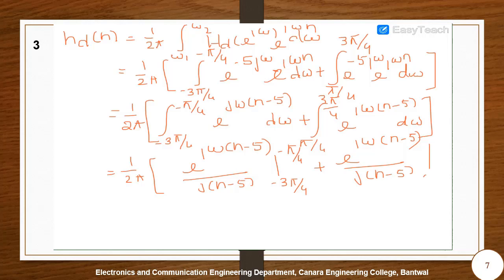with omega value varying from plus pi by 4 to plus 3 pi by 4.